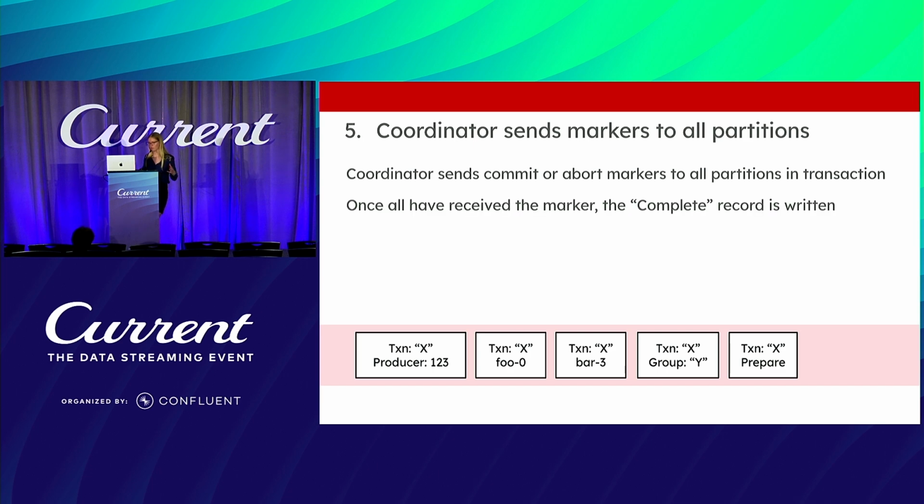Once all of the partitions have received their markers and written them to their log, we will complete the entire transactional state with the complete record. And so there we go, there's our complete transaction. Once the partitions have their markers written to them, they're available to be read by the consumers if it was a commit.